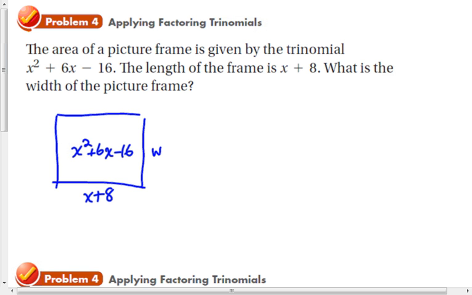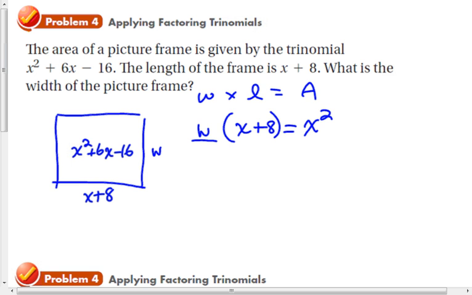So we know that w, whatever that is, times x plus 8 has to equal the area. So width times length equals area, and substituting the values in, x squared plus 6x minus 16. And we know that in order to get a trinomial, we would have to multiply this binomial by another binomial.